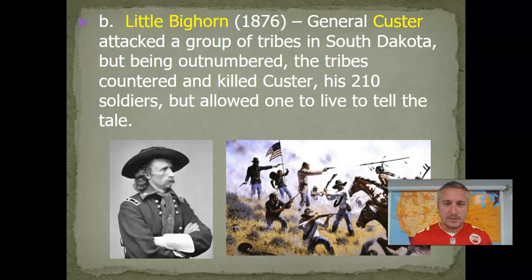General Custer was sent to attack some tribes in South Dakota, and I've been to Little Bighorn. It's a beautiful, beautiful location. But what ended up happening was a heavy fog had moved in that day, and Custer had about 200 soldiers with him, and they went to attack one tribe. Well, unbeknownst to them, it was not just one tribe.